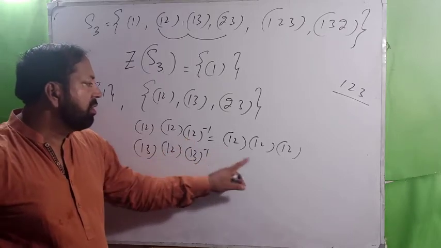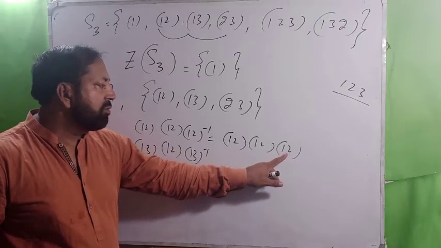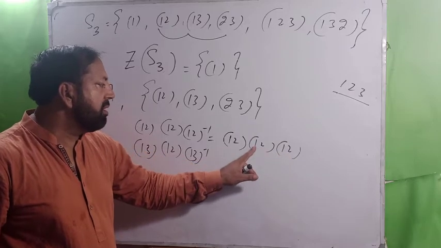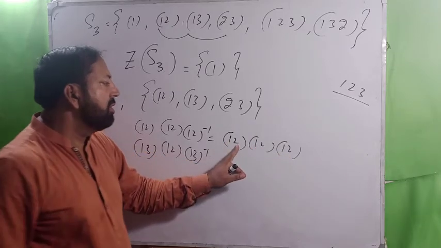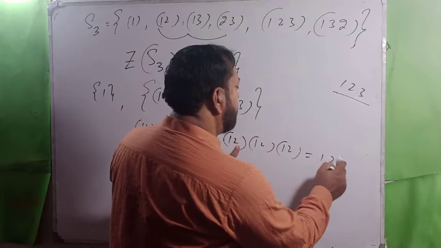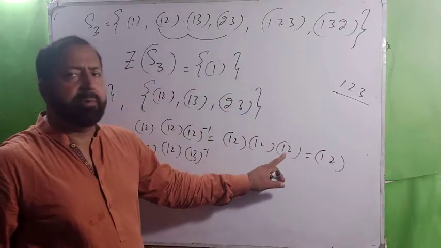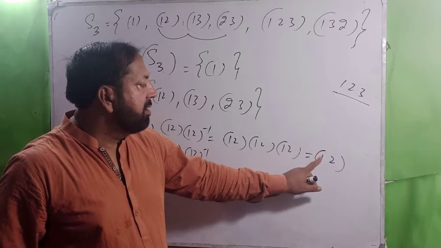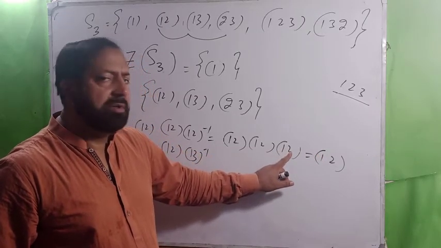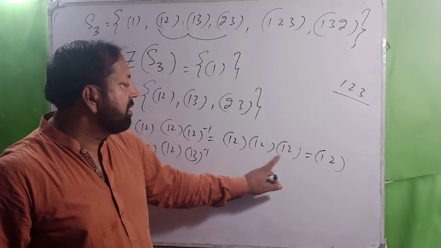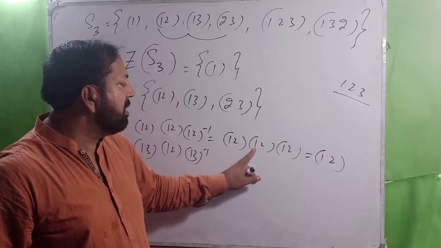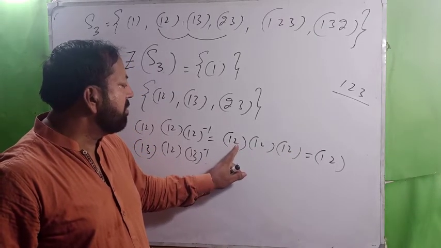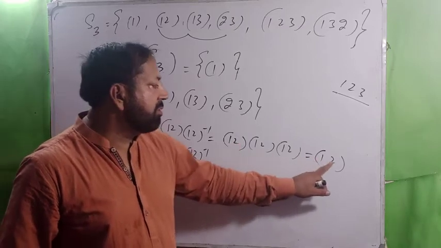You multiply: 1 is mapped onto 2, 2 is mapped onto 1, and 1 is mapped onto 2. So 1 is mapped onto 2.